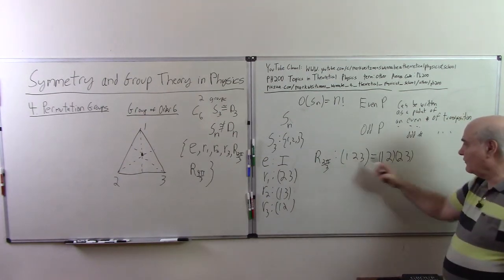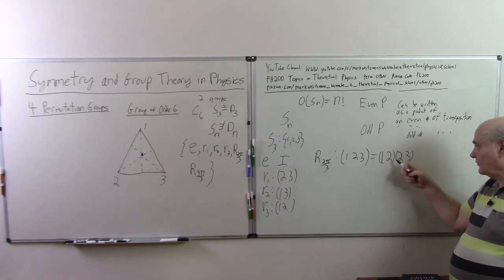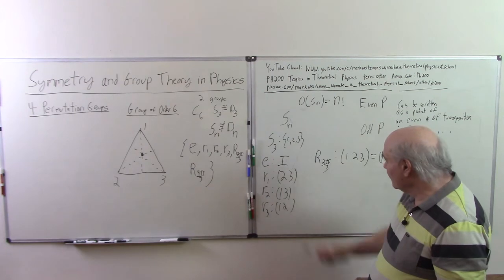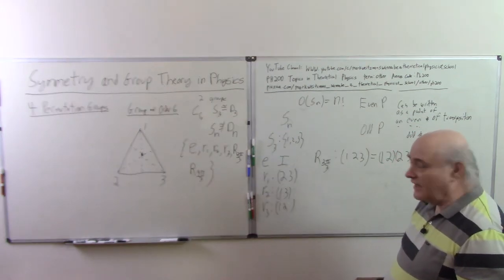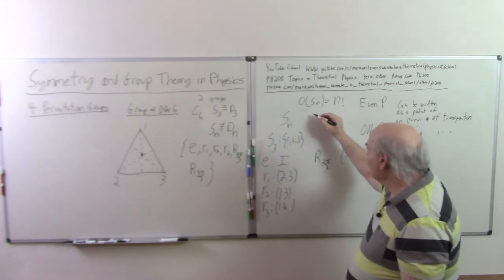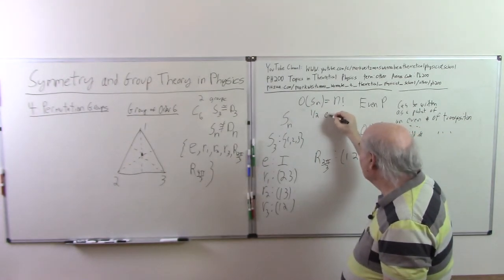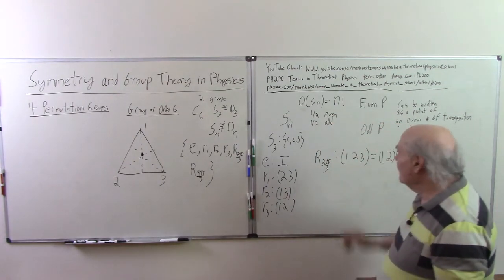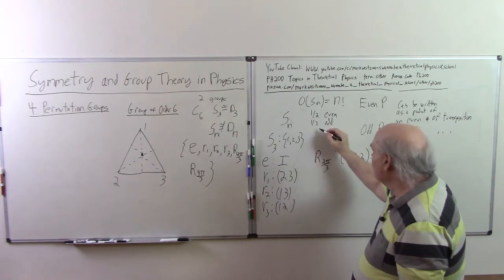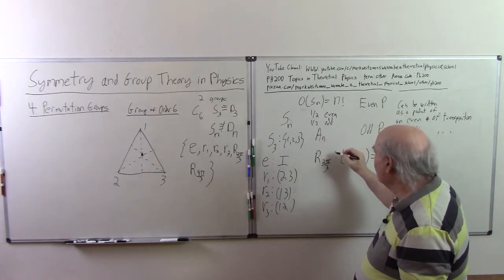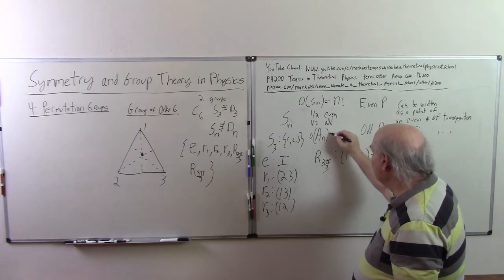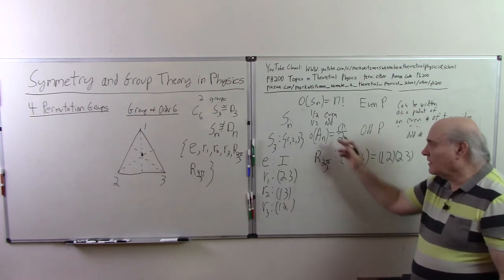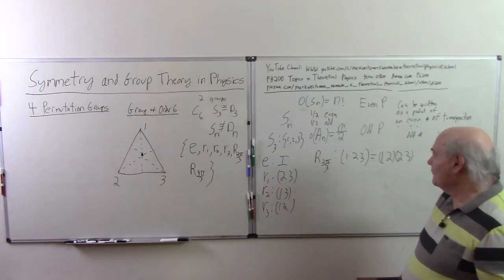So this permutation is even, it's written as 2 transpositions. These permutations are odd, and this permutation is even. And what you'll find is that in the group Sn, half the elements are even and half are odd. The even permutations, it will turn out, form a subgroup, An, and the order of An is equal to n factorial over 2. We might come across this, so just more terminology.